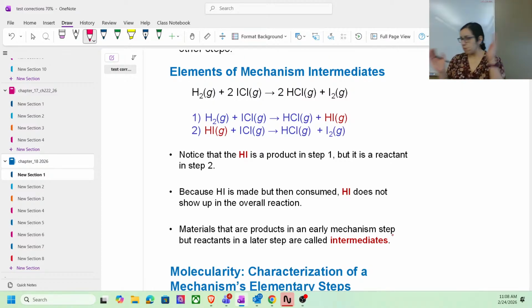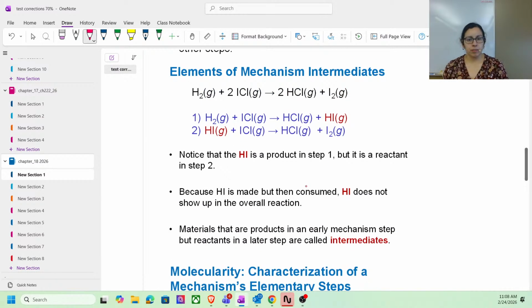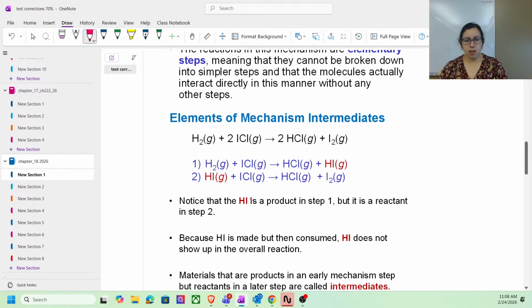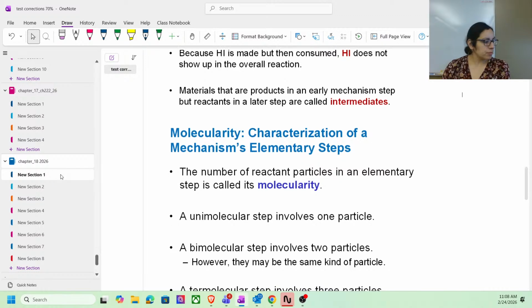So they don't appear in our overall reaction, but there's just some sort of intermediate state here. Just breaking it down, we have HI as our product in step 1. It's a reactant in step 2, so it gets consumed in the middle. It's made and consumed, so it does not show up in our overall reaction. And so we'll get to what this means and how we put this in our rate law then.